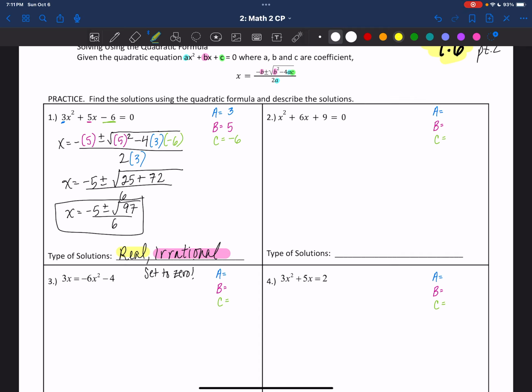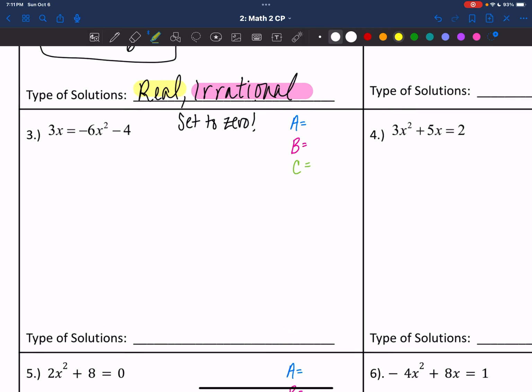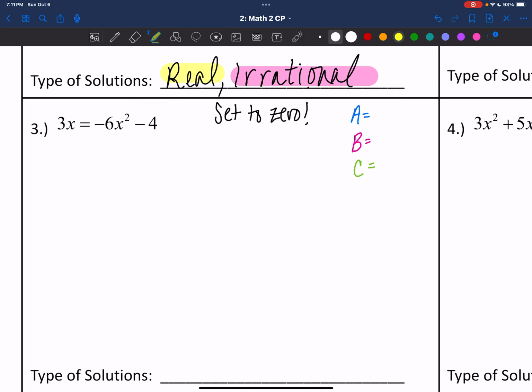All right, let's do number 3. I always label, and for this one, since it's not equal to 0, you have to set it to 0. So you would move everything over to the other side first.